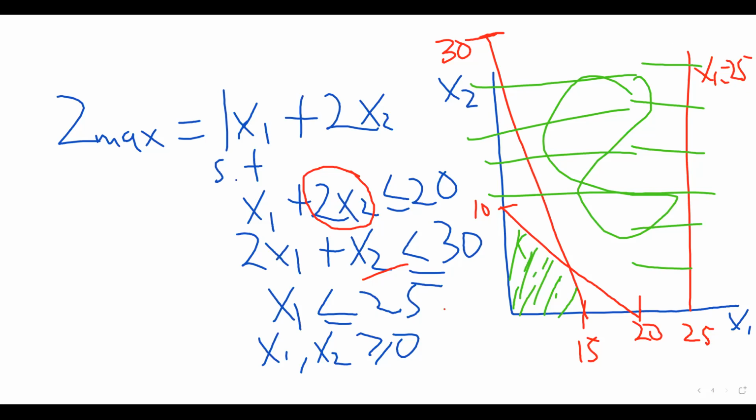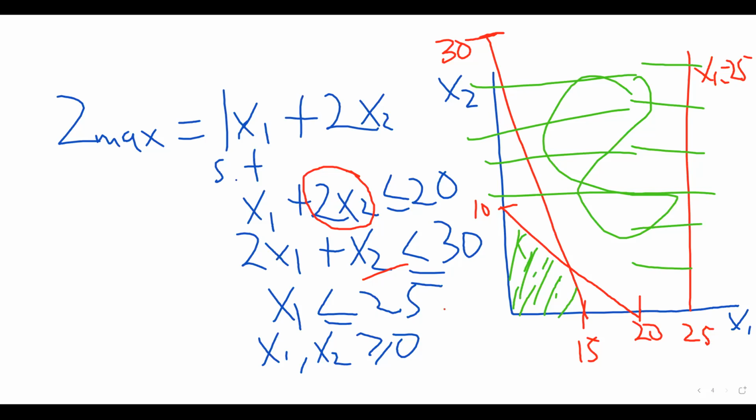So x1 equal to 25 is a redundant constraint. A redundant constraint here means that it is not necessary. It has no effect on the feasible solution area from the first two, which are very binding constraints. That is basically how you tackle it.